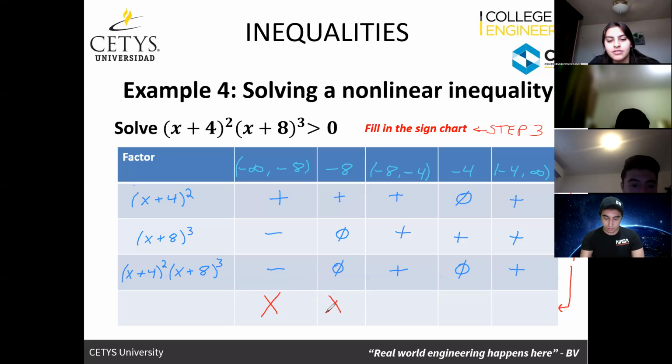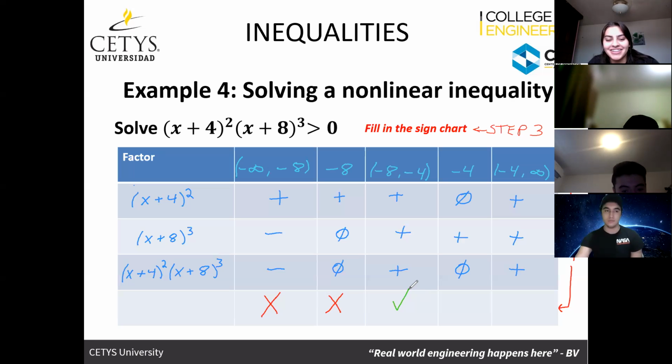Correct, because the inequality is not considering the 0. You're doing wonderful, Fernanda. The next interval from -8 to -4, does that one comply with the inequality? Yes, because it's positive and positive is bigger than 0. Perfect. Just that when you said yes, there was a question mark at the end. Let's remove the question mark. So you said yes. So let's say yes.